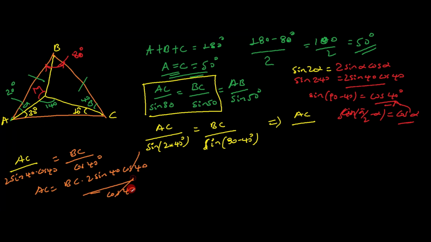This one by this one cancels. Then AC is equal to 2 times BC sine 40, right? 2 BC sine 40. So this is the first equation.